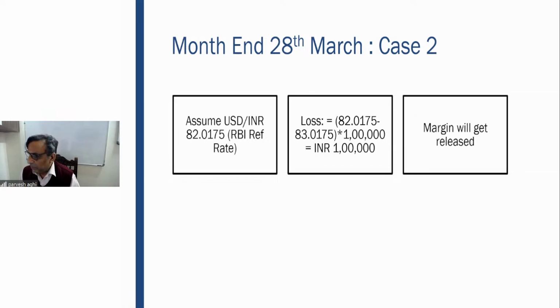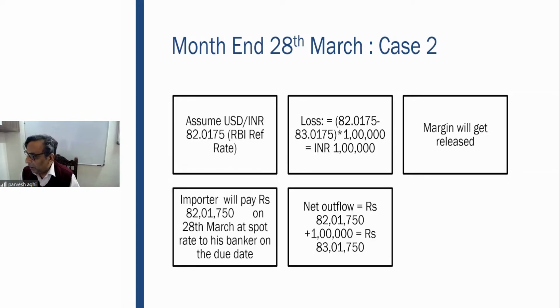That means the margin will get released, and the importer has now to pay 82 lakh 1,750 on 28th of March on the due date to the banker. When he goes to the bank, it says you have to pay $1 lakh to someone, pay us at the rate of 82.0175. Actual physical delivery will happen only in the real market, which is with the bank and you. So you are going to make a payment of 82 lakh 1,000.